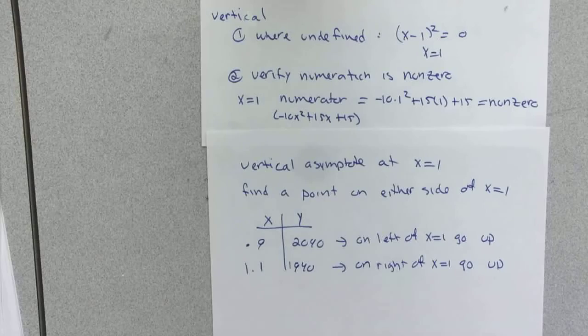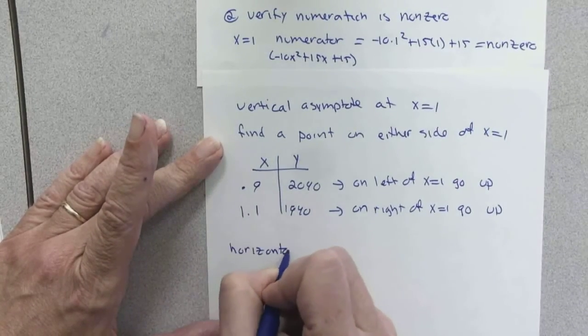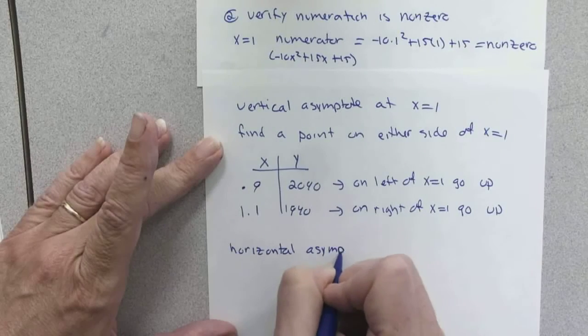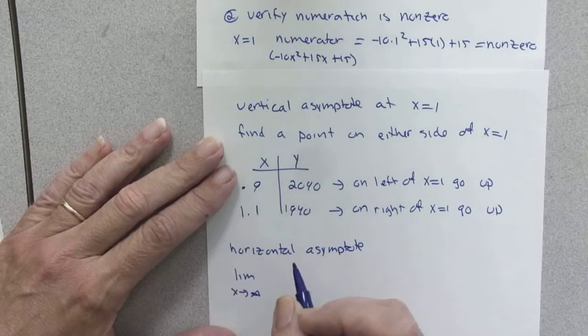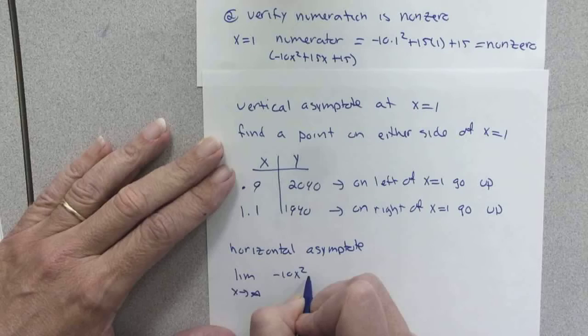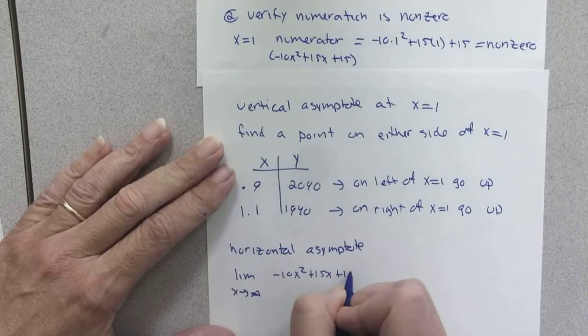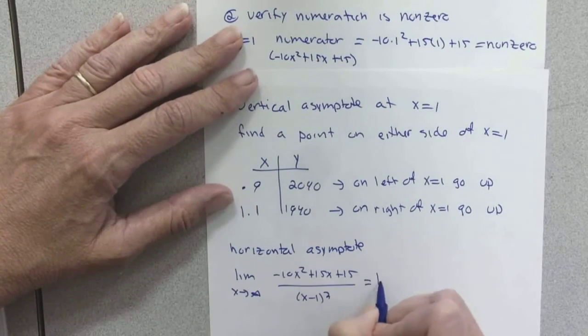Now, like I said, you can live without that information, but every piece of information you get helps you draw the picture. Then my last calculation here, my horizontal asymptote, I look at the limit as x goes to infinity of the original function, which was negative 10x squared plus 15x plus 15 over x minus 1 quantity squared.